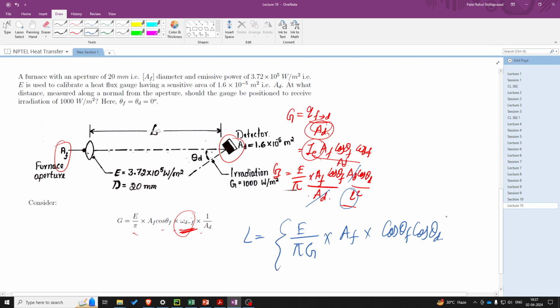So this will be a square root. Now we can just put all those values over here and find the value of length.